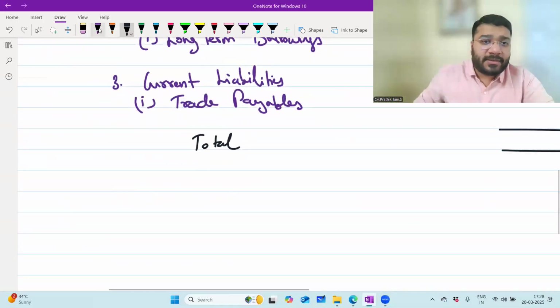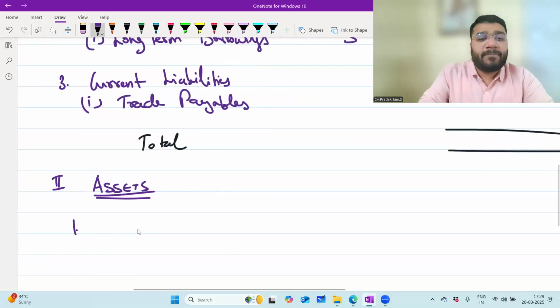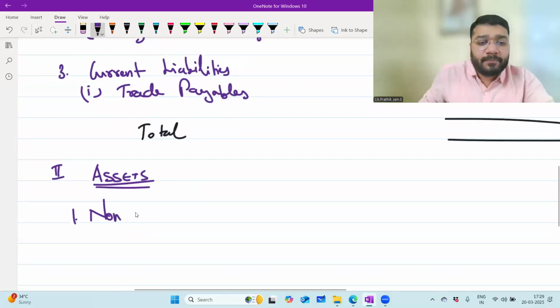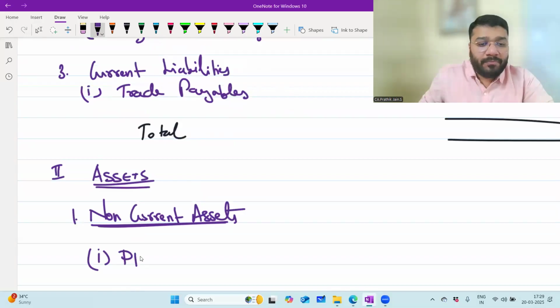Then point number 2 is assets. The first one is non-current assets. Under that, the first item is PPE and intangible assets.